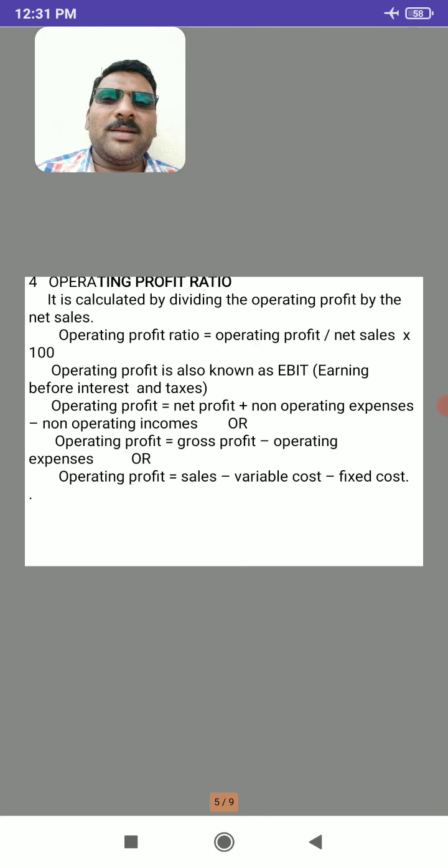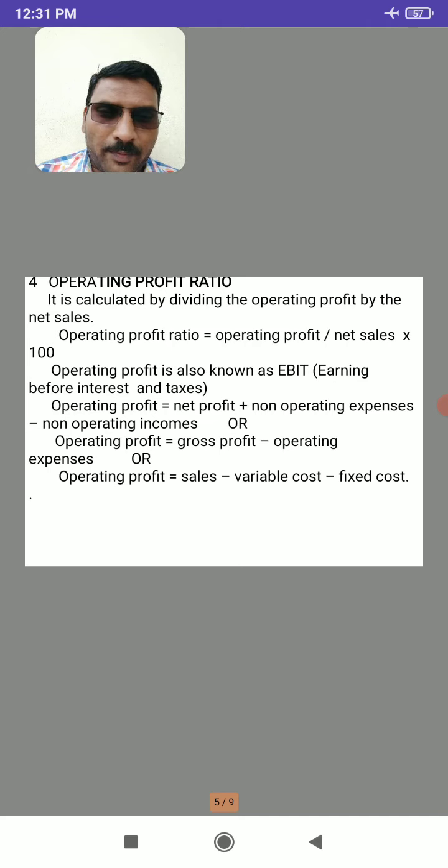So what is operating profit? Operating profit means net profit, to which all non-operating expenses are added. From the total of net profit and non-operating expenses, all the non-operating incomes are deducted. Operating profit is also known as gross profit minus operating expenses.